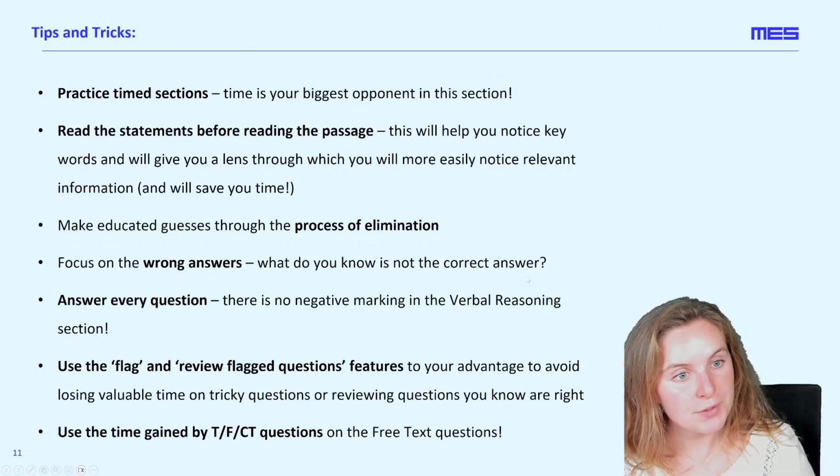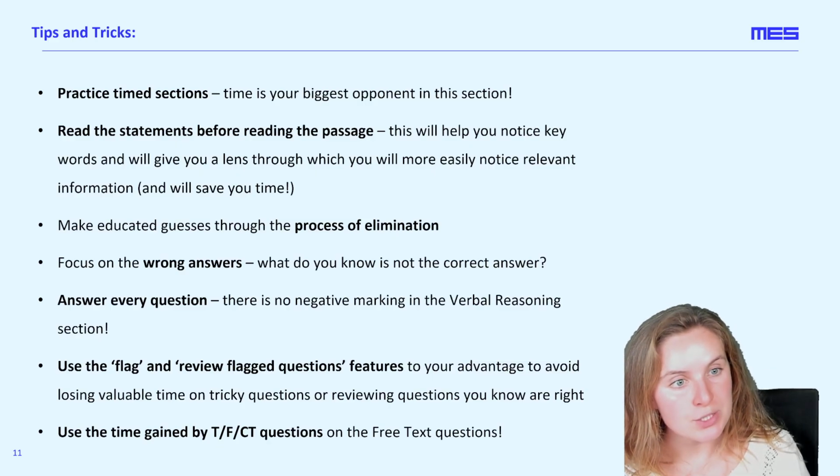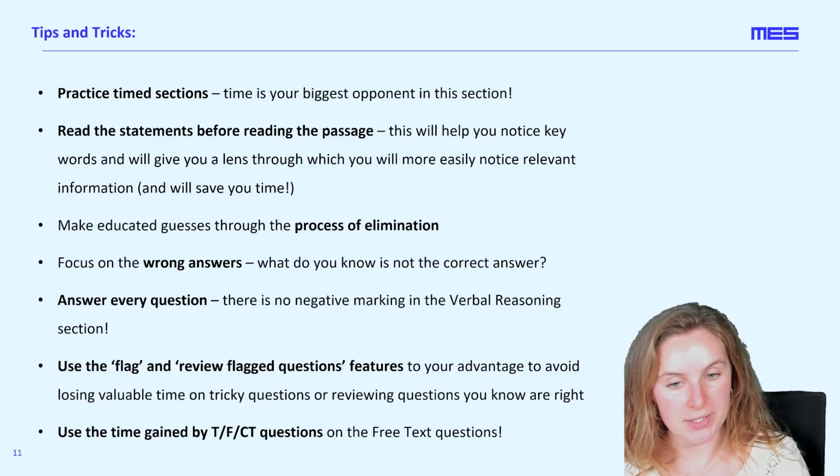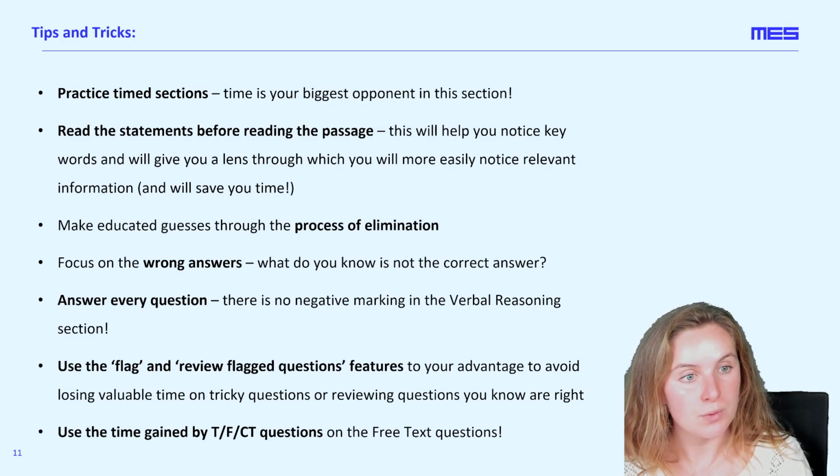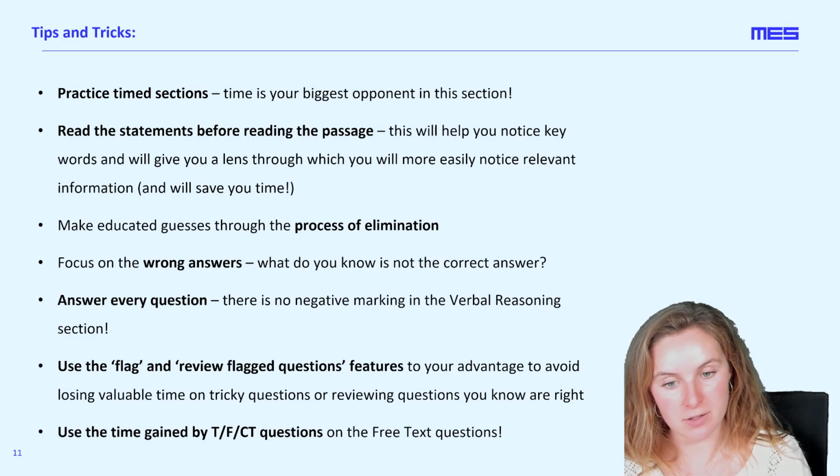Some tips and tricks for you. Practice timed sessions. You need to get accustomed to the timings of this exam in order to do well and to use your time most efficiently. You'll want to read the statements before reading the passage. This will help keywords stand out to you and will make your job easier in trying to find the right answer.